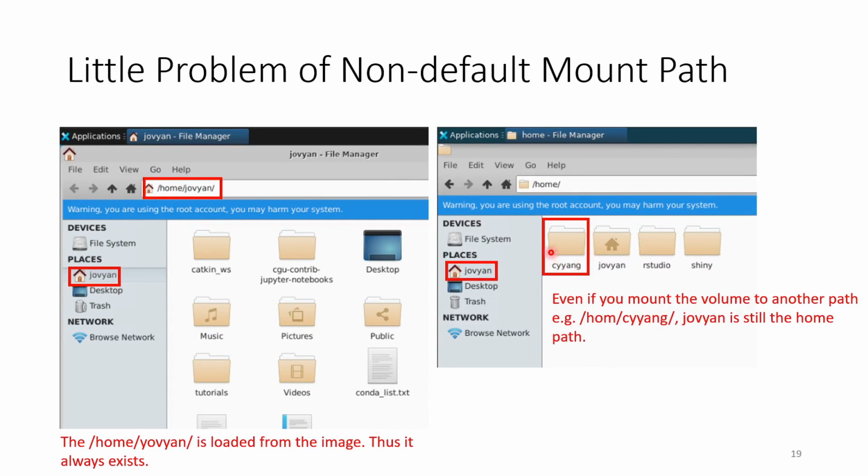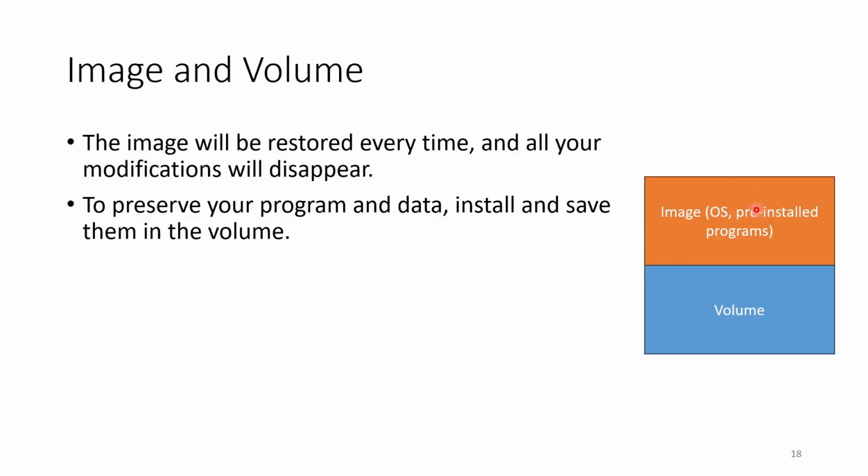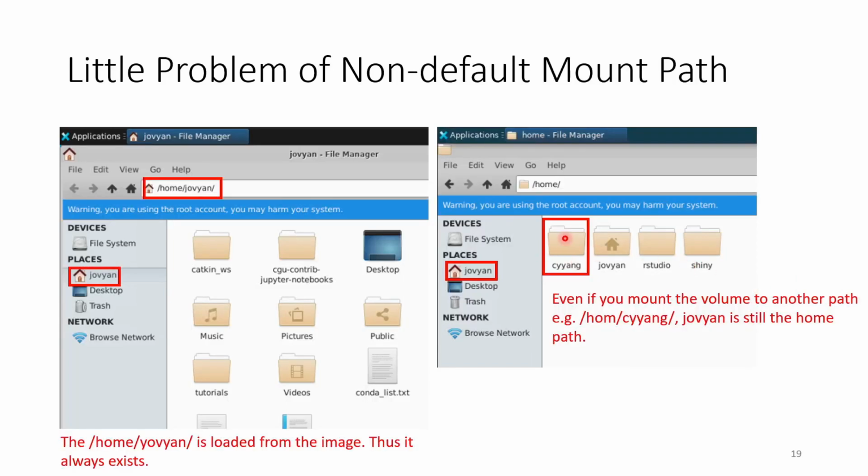This is the mount path of my Valen, but I will still see Chih-Yuan in the place because Chih-Yuan is included in the image. I cannot change it anymore, but I have my own Valen mounted to another folder. So that is the point. You will have a slightly confusing status, but it still works. You just see two different spaces. One is your own Valen, and the other is the one included in the image.